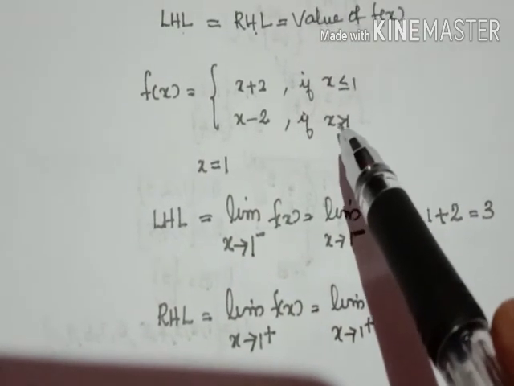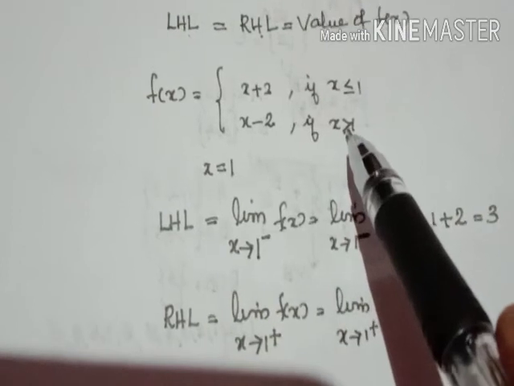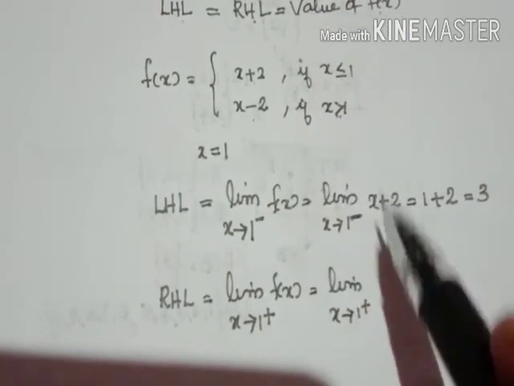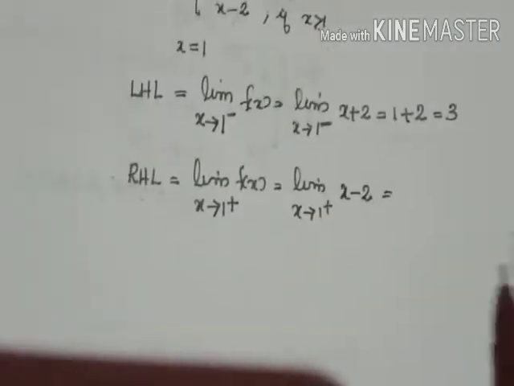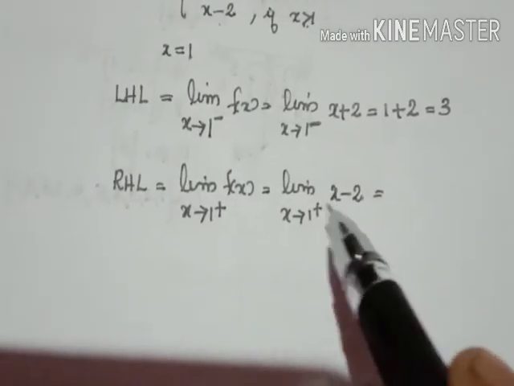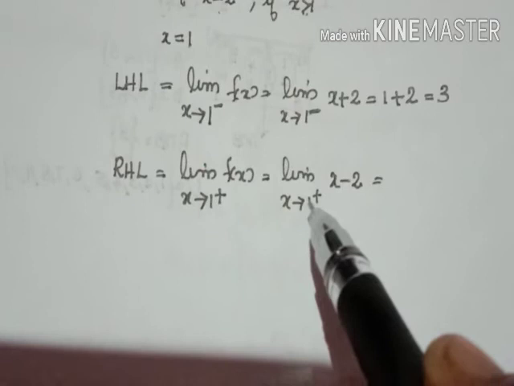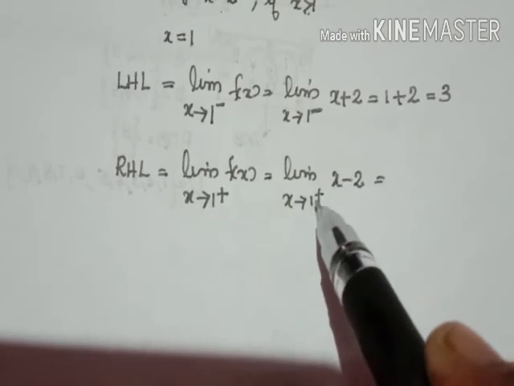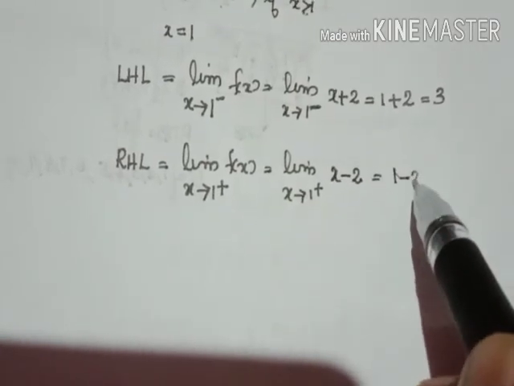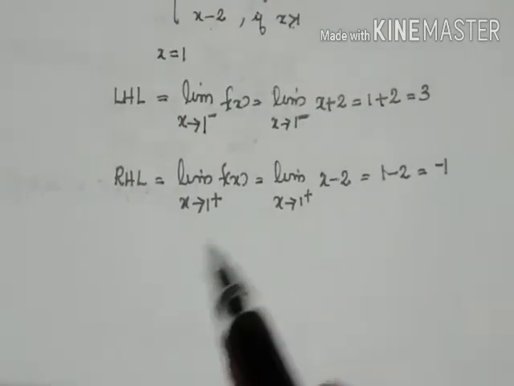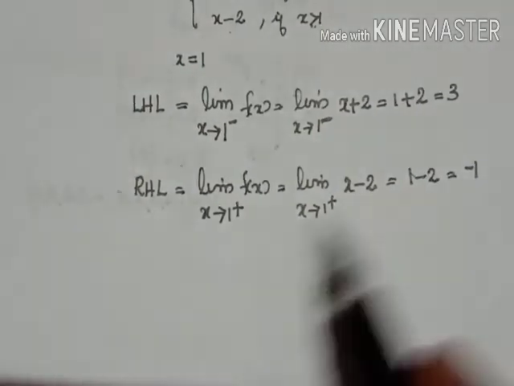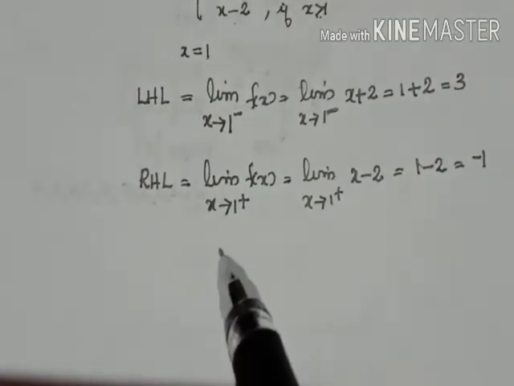So more than 1 belongs to this interval and in this interval f of x is defined as x minus 2. So we replace f of x. Now in the next step apply the limit, put x equal to 1 so that right hand limit becomes 1 minus 2 equal to minus 1. So look at here, left hand limit is 3, right hand limit is minus 1.